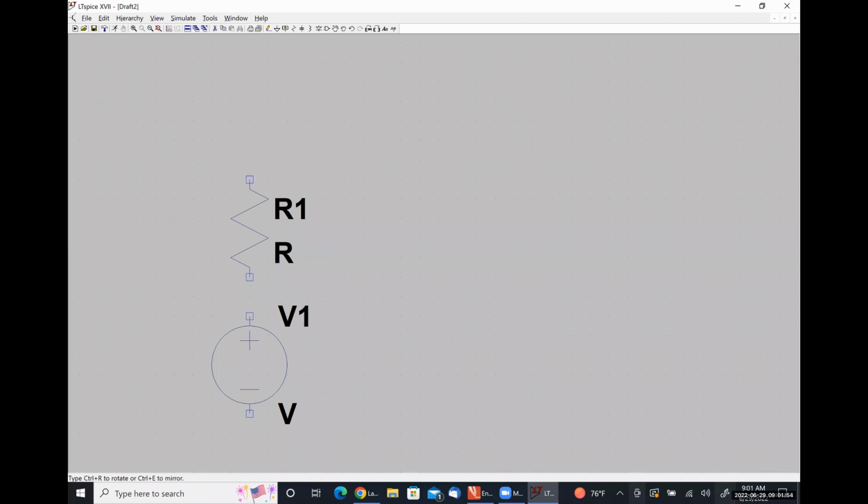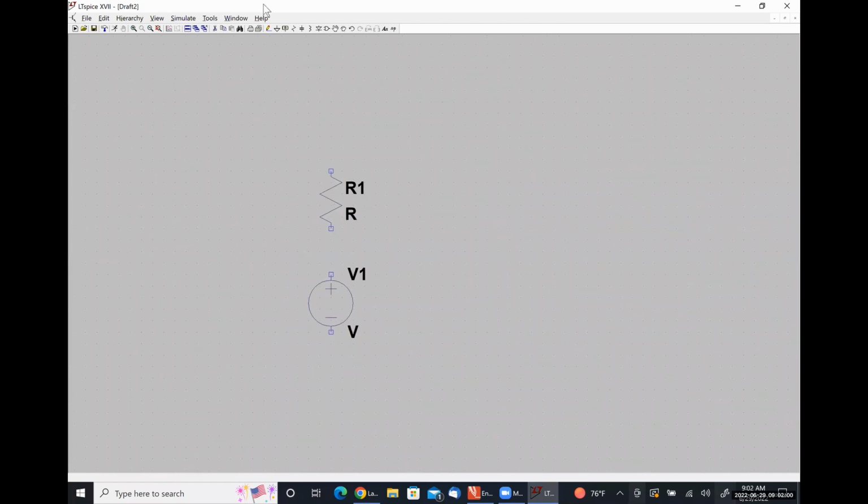Here is my voltage source. Zoom in here so I can make this nice looking. Let's wire these guys up.